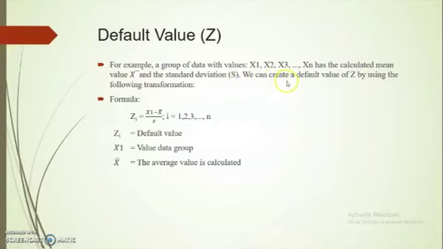We can create a standard value z by using the following transformation. The transformation is this, with z_i the standard value, x_i the data value, and x bar the average value that is calculated.